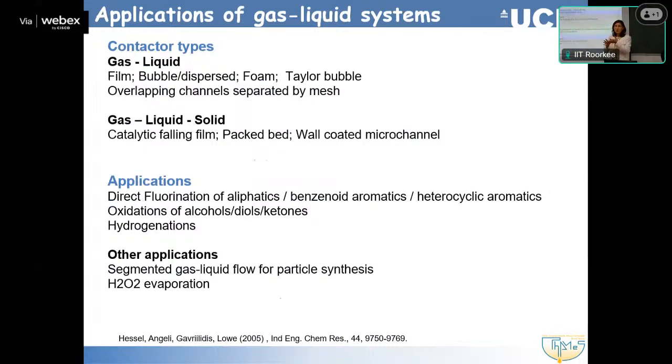But in that case, we use microstructured plates to have a thin liquid film over which a gas phase might flow. And then the same idea, but where we could have the two phases separated by a mesh, so we avoid the mixing, we just let the diffusion happen, which in the end is also easier for keeping the two phases apart.